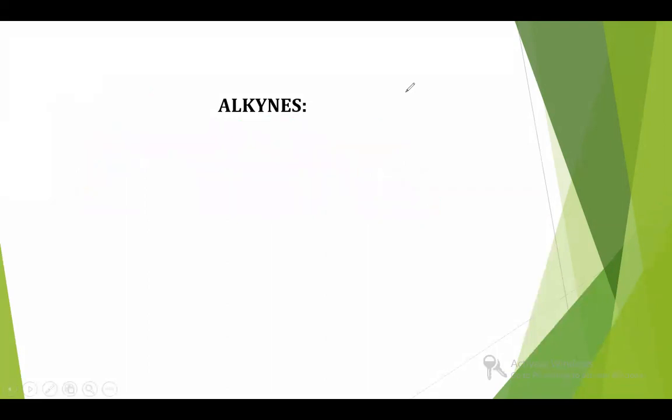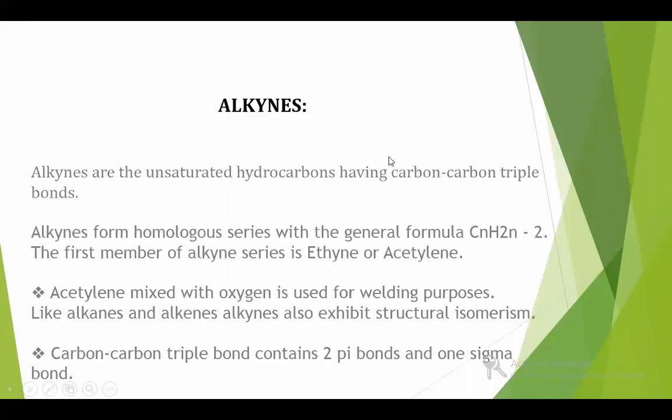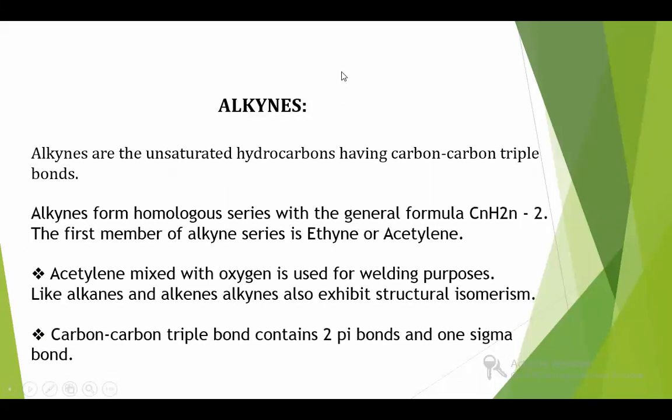So alkynes are carbon-carbon triple bonded compounds. Alkynes are unsaturated hydrocarbons having a carbon-carbon triple bond, and alkynes form a homologous series. Homologous series means members differ by a CH2 group.